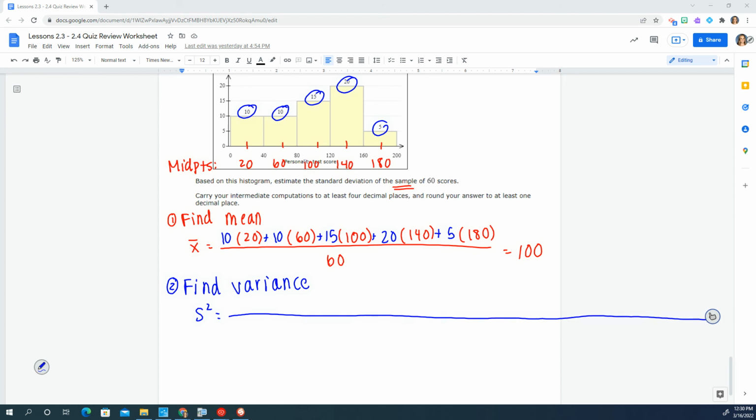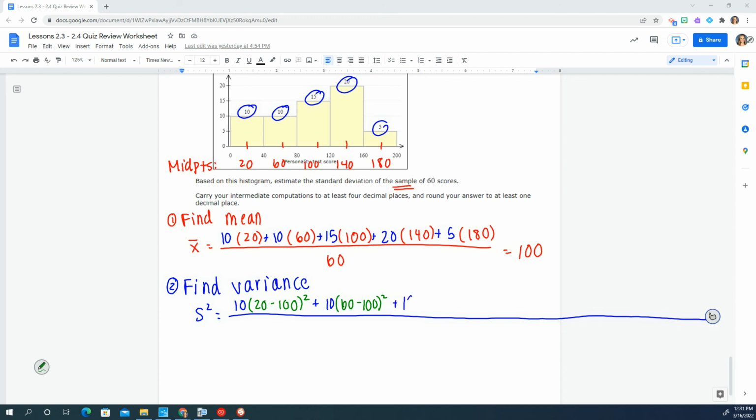So I still have to calculate how far away from the mean each midpoint is. So I would still do my 20 minus 100 squared. But I have to times this by how many people were in that class. So again, I have to times this by 10, because there were 10 people that had that deviation away from the mean. There were another 10 people that had the deviation of 60 minus 100 squared away from the mean.